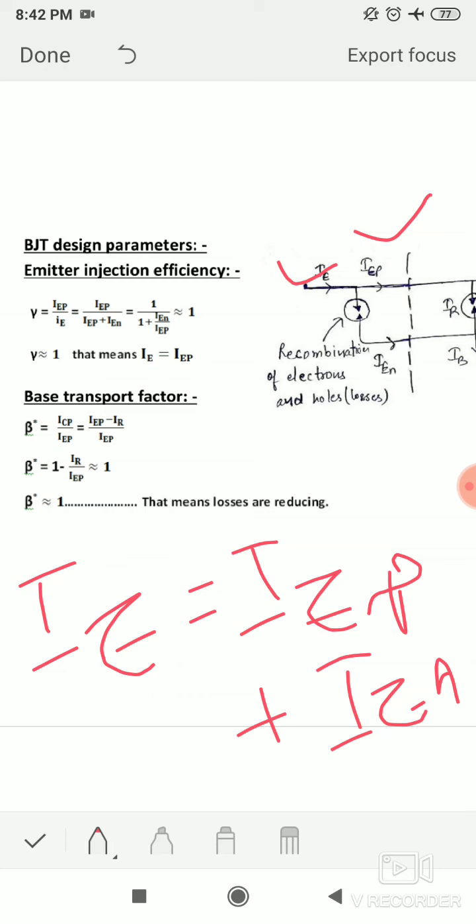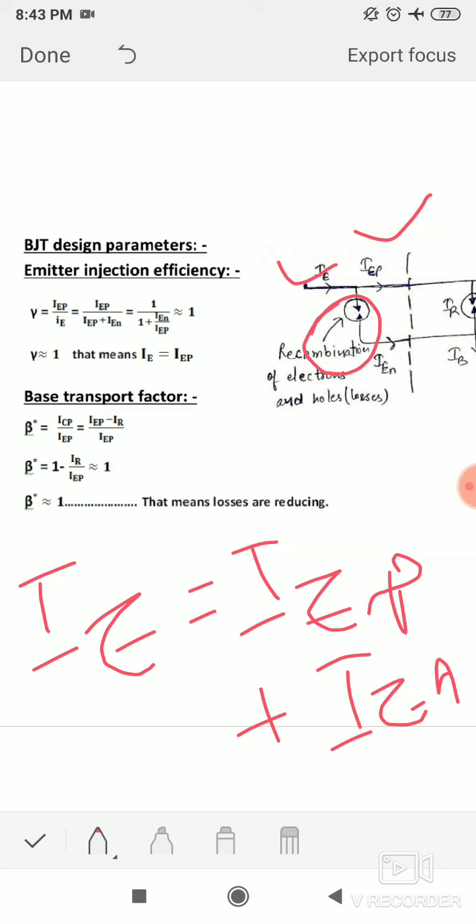So it is 1 by 1 plus IEN by IEP, dividing upper and lower by IEP. The IEP value is much greater than IEN, so it is 1. So it means IE equals IEP, low losses in the recombination process.